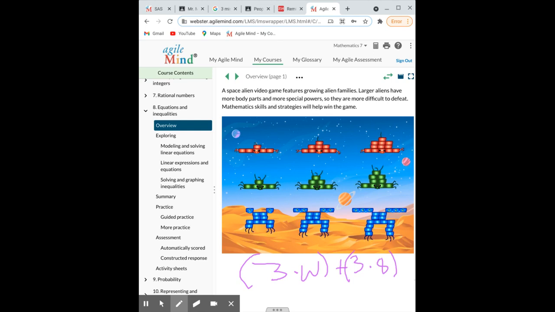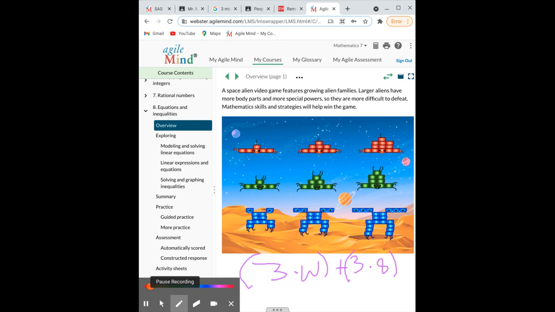In other words, what could we factor out of both of these sets of parentheses? What is the same inside of both sets of parentheses? Nobody sees something that's exactly the same in both sets of parentheses?